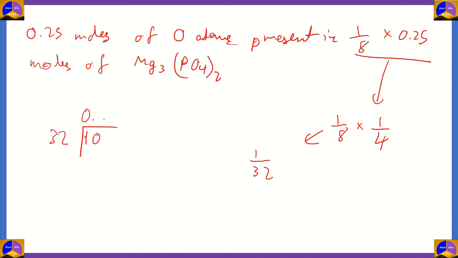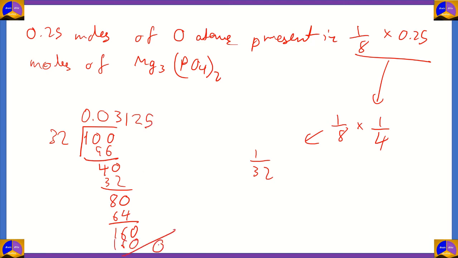So dividing 1 by 32, you get 0.03125. So therefore, 0.25 moles of oxygen atoms are present in 0.03125 moles of magnesium phosphate.